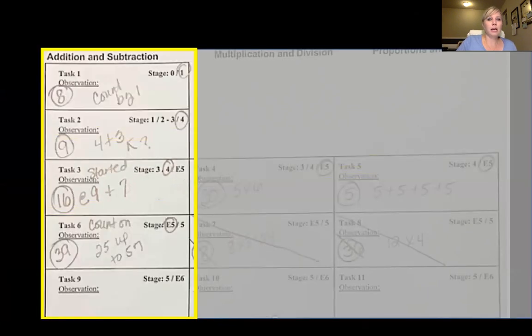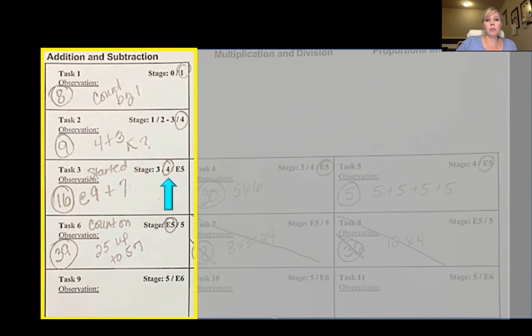So if we take a look at the addition and subtraction domain, we're going to take a look at task 6, and the assessor scored this as an E5 because the child counted on from 25. Not only did they end up with an incorrect answer, but the counting on strategy is actually earlier than an E5.